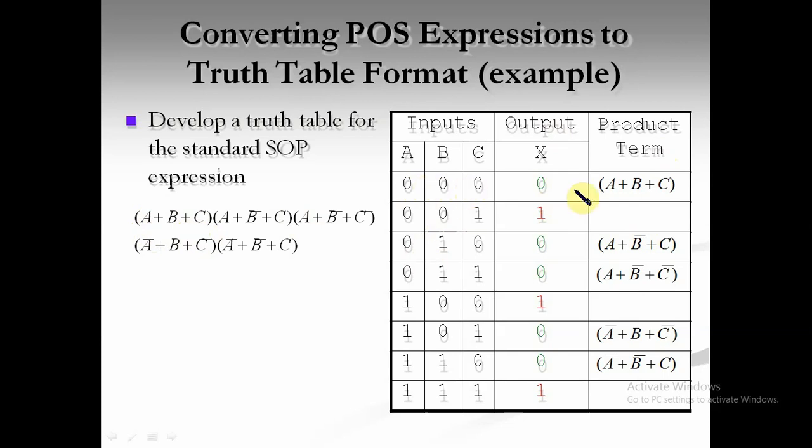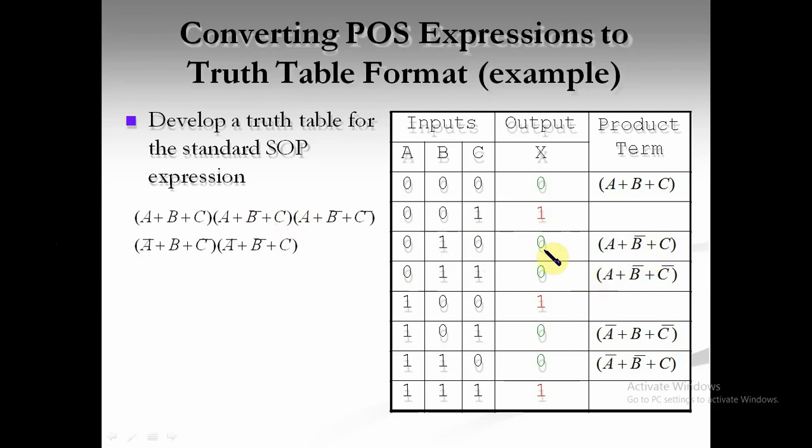0 0 0. The output will be 0, and the product term is present here: A plus B plus C. Next one, A plus B bar plus C: A is 0, B bar is identified as 1, C is 0.